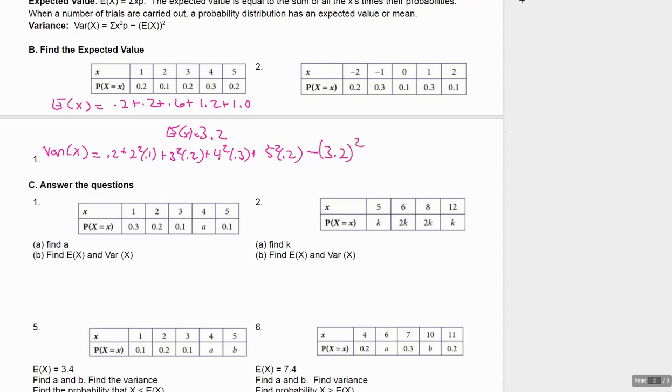And again, that's the variance. If the question were to ask for the standard deviation, then I would take that value and I would find the square root of it.